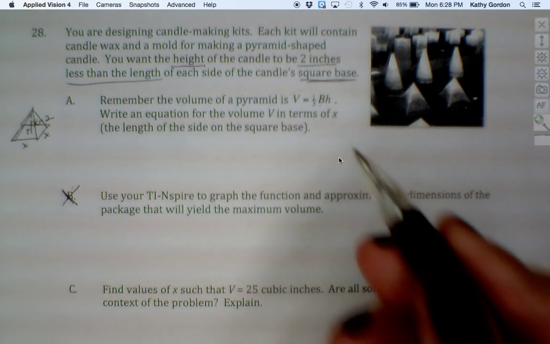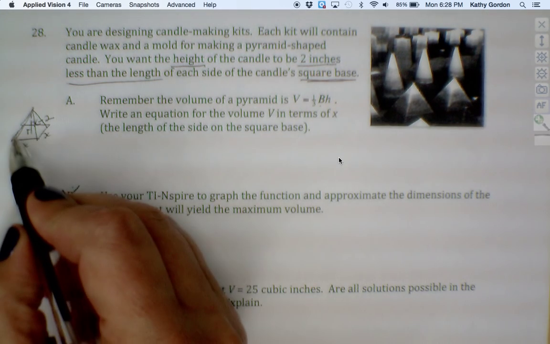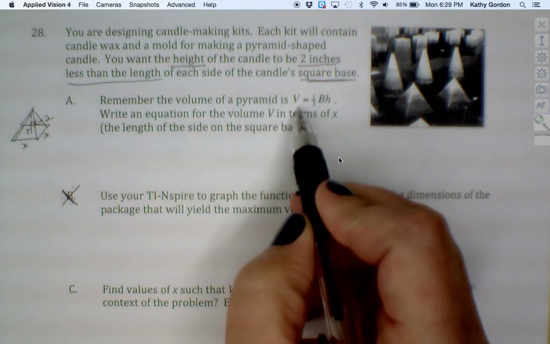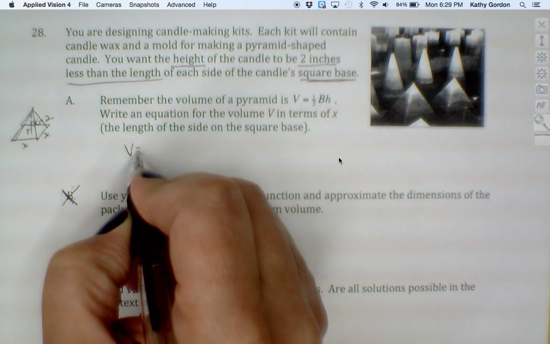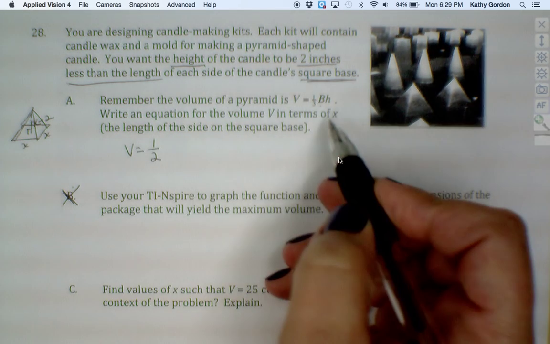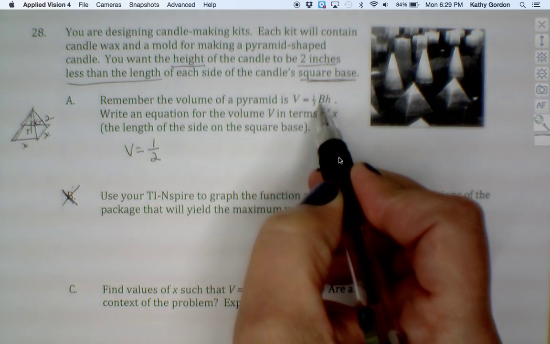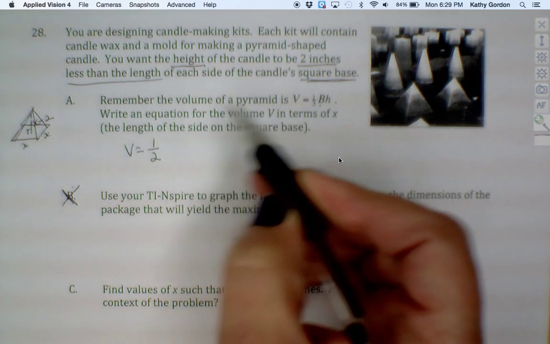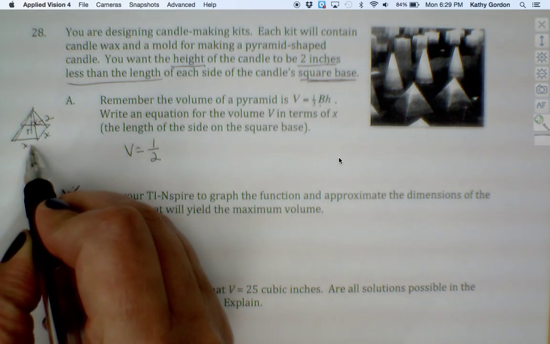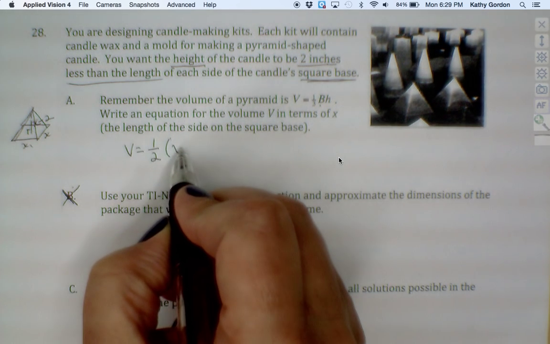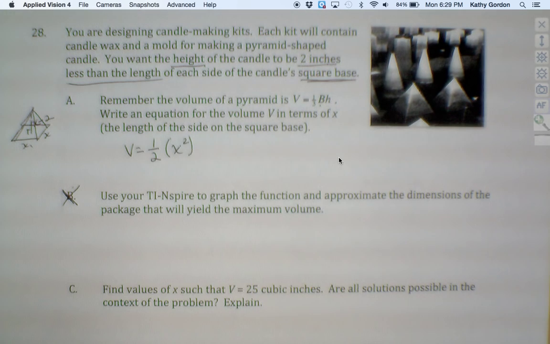All right, so now if we use these dimensions and this formula, we should be able to substitute in an expression for the area of the base. My base is a square with sides of x, so the area of the base should be x squared.